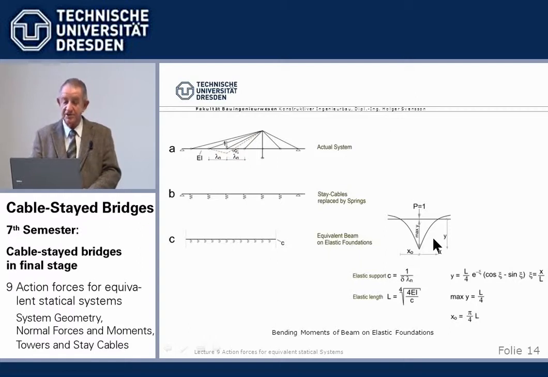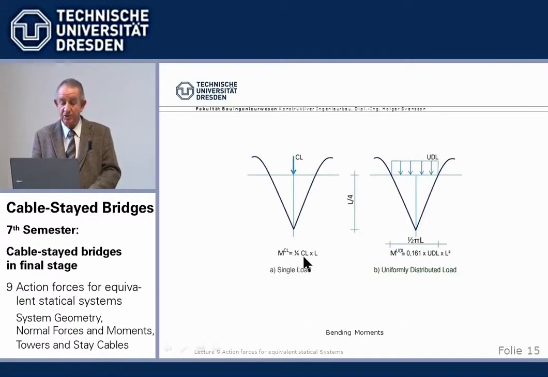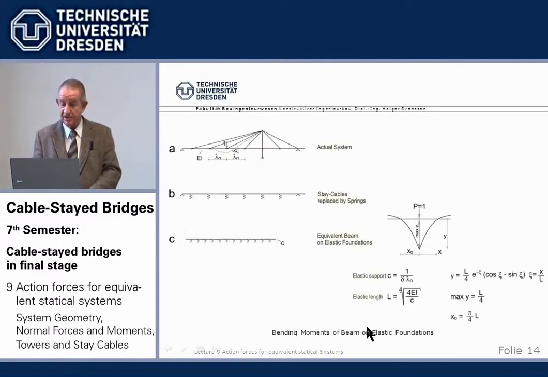And if we calculate all that out for a cable stayed bridge, then we know that if we have a concentrated load, track load, then the beam moment is 1/4 concentrated load times the elastic length we have calculated here, that parameter.